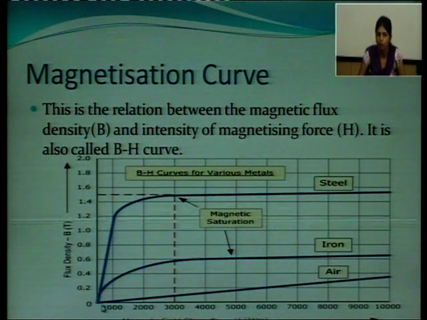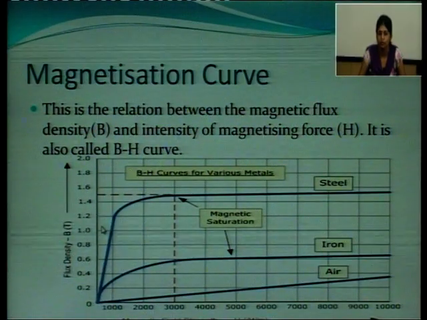Again, as we go on increasing H, B keeps increasing. After a point, this point is known as the knee point. At this point, as we increase H, the value of B is still increasing.